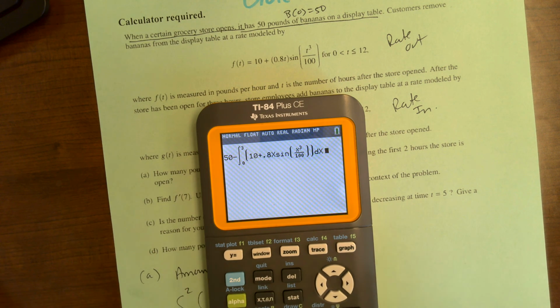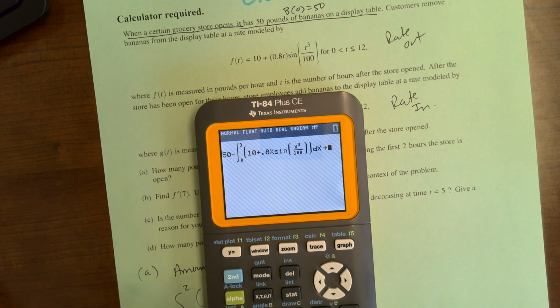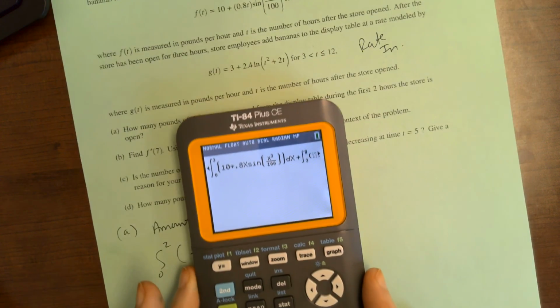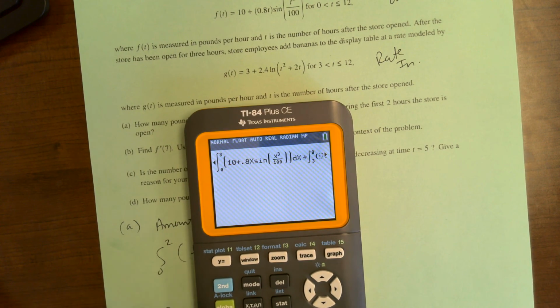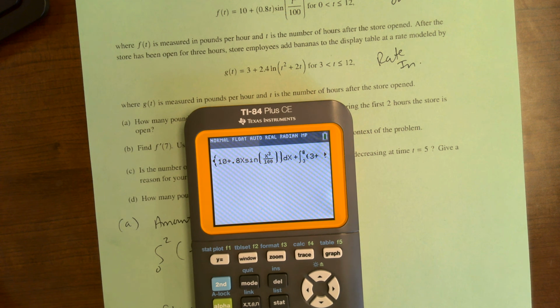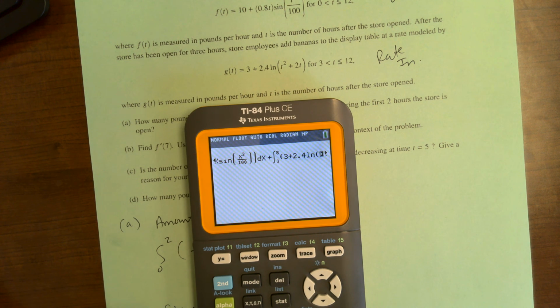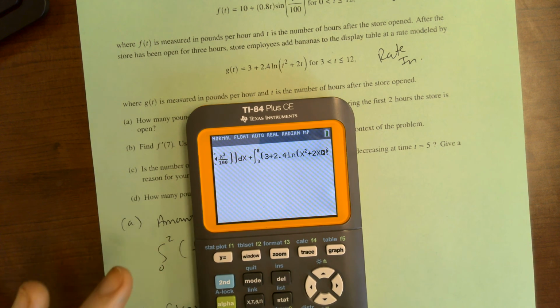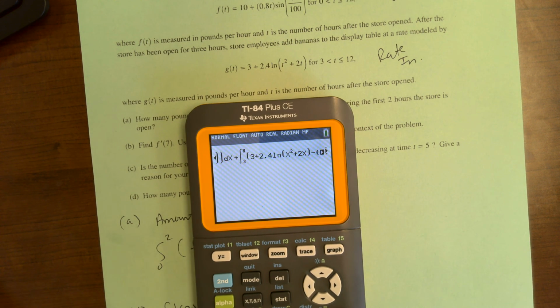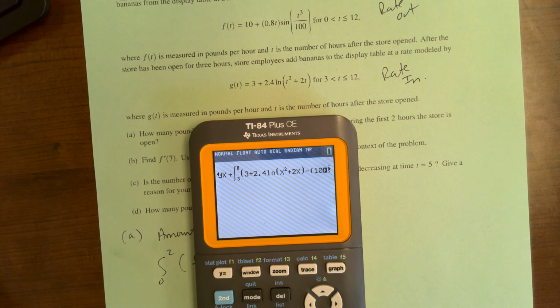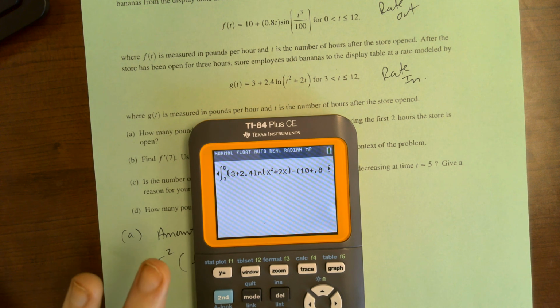Okay, dx plus math 9, 3 to 8. I'm typing G in first. 3 plus 2.4 natural log. Okay, minus, now you need parentheses around the entire f function. So 10 plus 0.8.